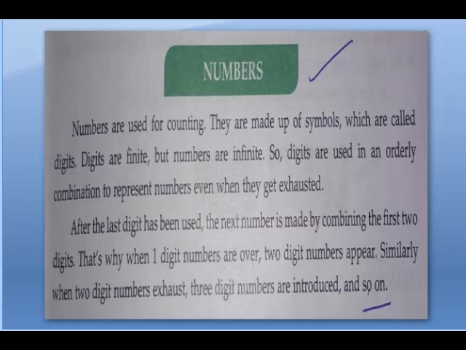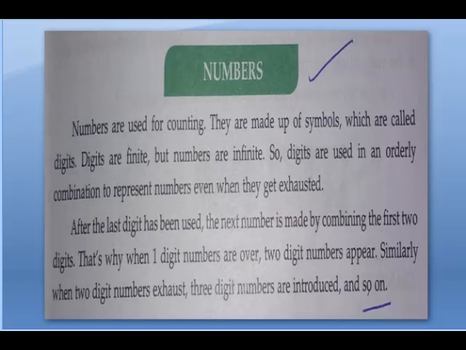So digits are used in an orderly combination to represent numbers even when they get exhausted. After the last digit has been used, the next number is made by combining the first two digits. For example, 0 to 9.